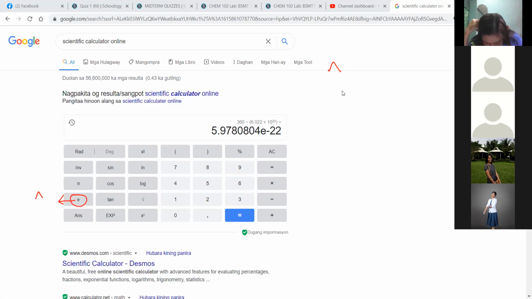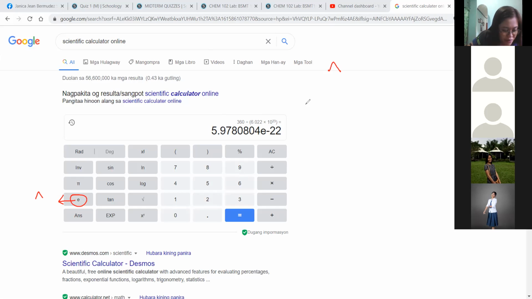Actually, that answer is correct, Janica. Correct siya in the sense nga, tama mo siya, pero wala siya nag-follow sa scientific notation na rule.